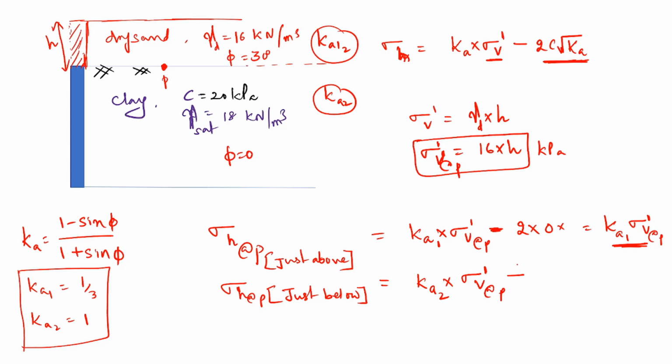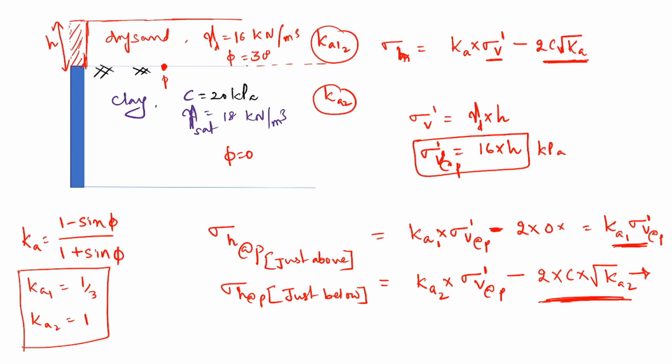Now as you are in the clay, minus 2 multiplied by c multiplied by under root Ka2, right? This is what is creating the deduction in the active earth pressure.